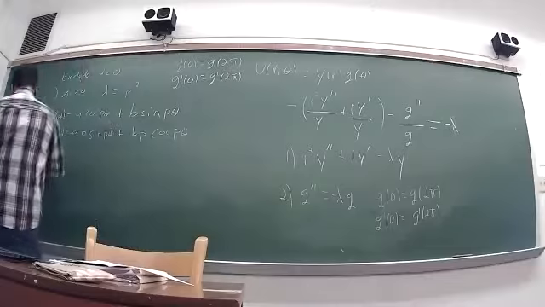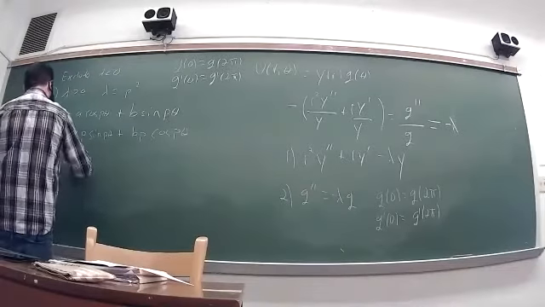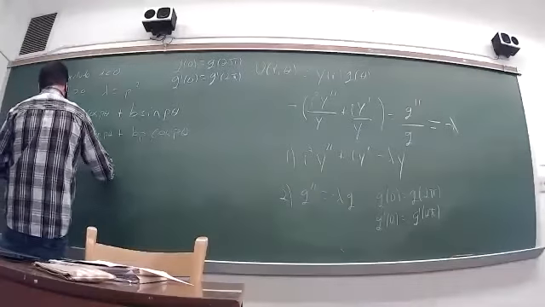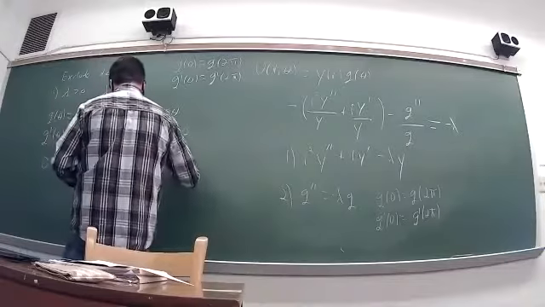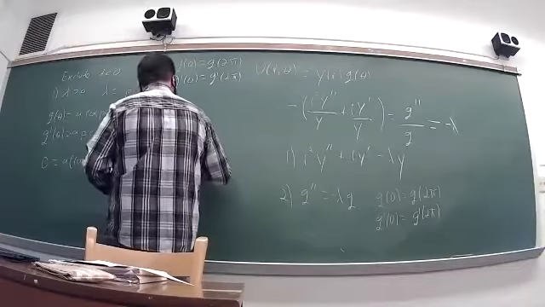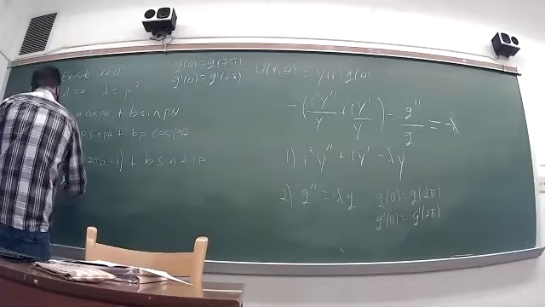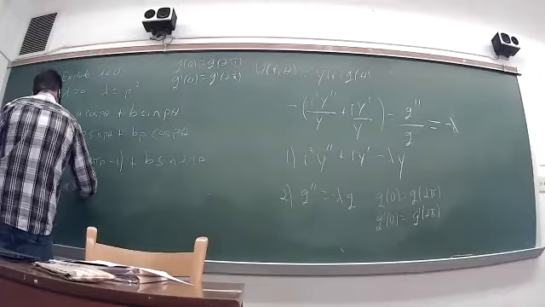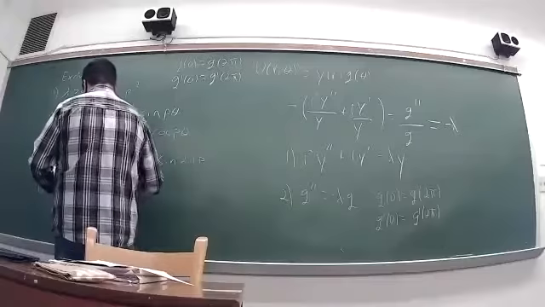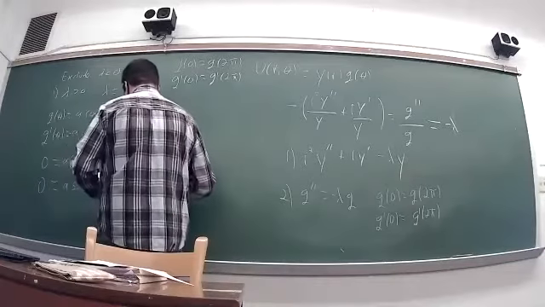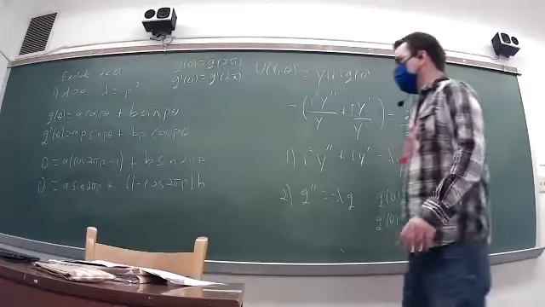And so what you get is that 0 equals a times (cosine 2 pi p minus 1) plus b times sine of 2 pi p. And you get that 0 has to be a times sine 2 pi p plus (1 minus cosine 2 pi p) times b.